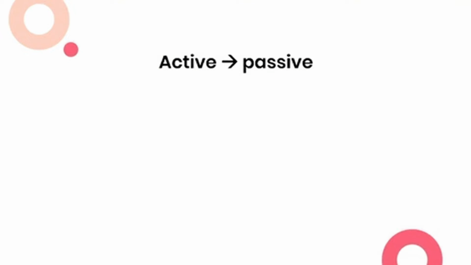So, first up, we've got Jane will call Alex. In the active form, we've got our subject Jane, our verb in future simple tense will call, and our object Alex. Let's have a look at how this verb changes in the passive form. So, we know that to convert a sentence into passive voice, the order of the sentence changes to object, verb, subject. So, here's the passive sentence.